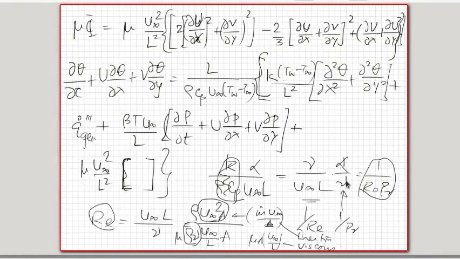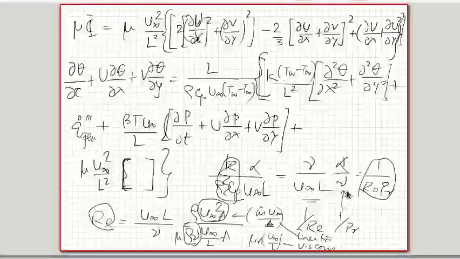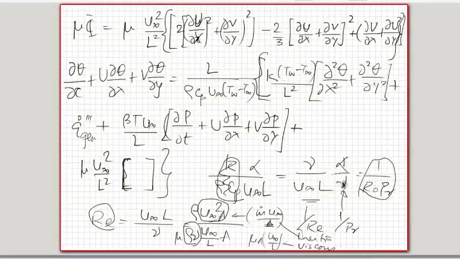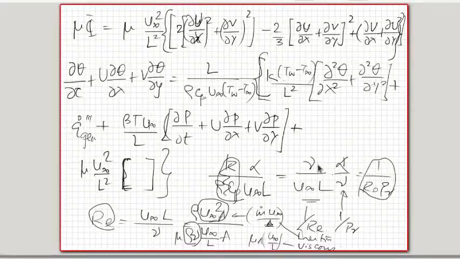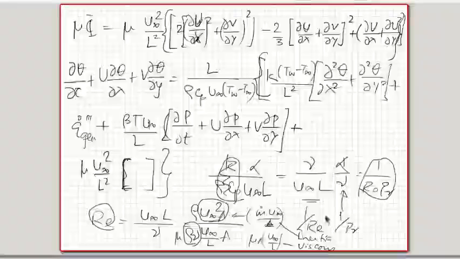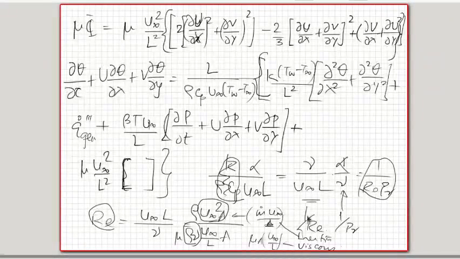When the other way around, alpha is much greater than nu, and the Prandtl number is much less than 1, then it is more conducting than viscous. Liquid metals fall under very low Prandtl numbers, which are not so viscous but very highly conducting. But oils, which have large viscosity, fall under large Prandtl numbers, and gases have Prandtl numbers of the order of 1.